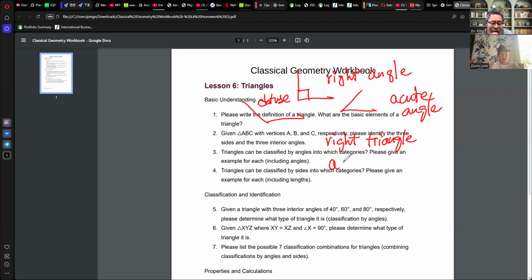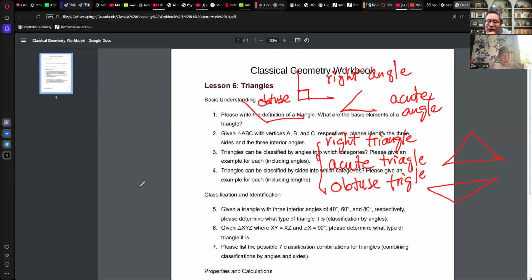Then we could have an acute triangle, where all three interior angles are acute, less than 90. And if one of them is obtuse, then we call this triangle an obtuse triangle. So based on the angles, we can put triangles into three different categories.